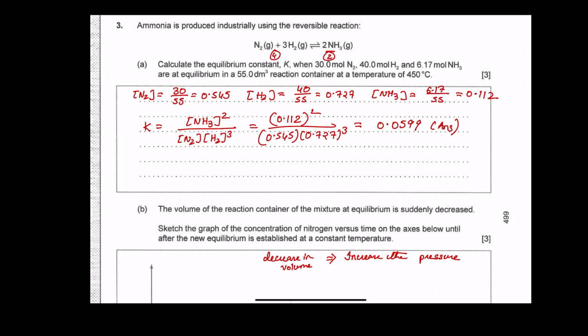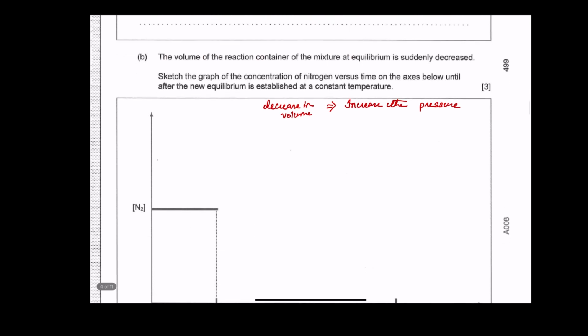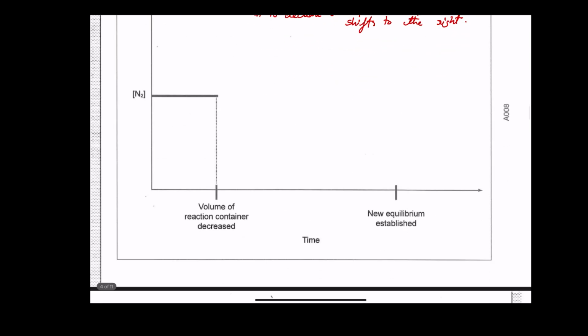And so the equilibrium shifts to the right, and as a result, the concentration of nitrogen will decrease from the current equilibrium position. So increase the pressure, equilibrium shifts to the right. So the concentration of nitrogen will decrease.